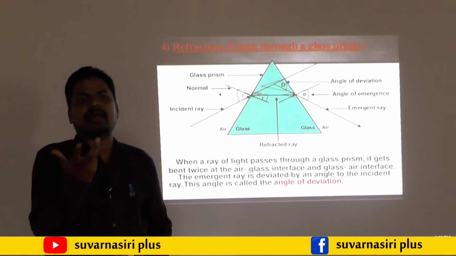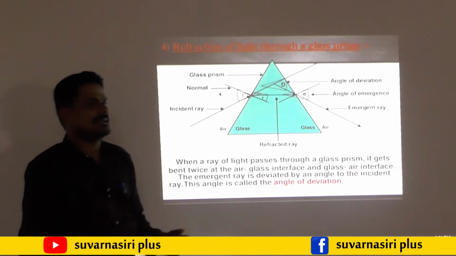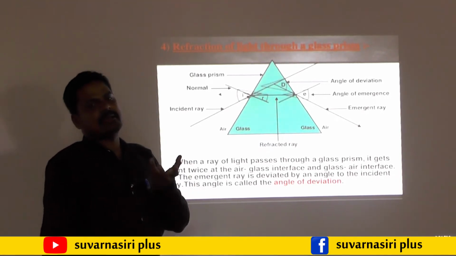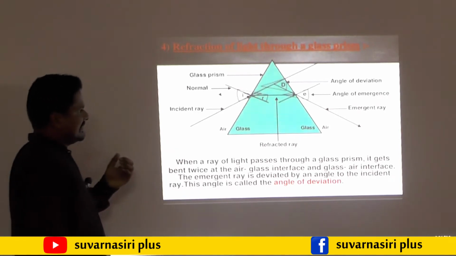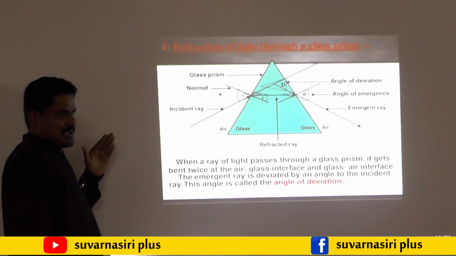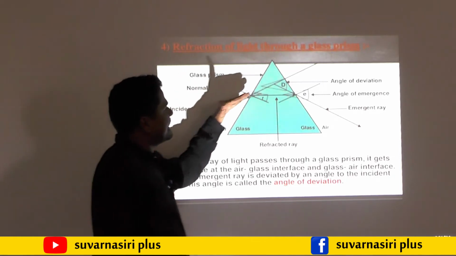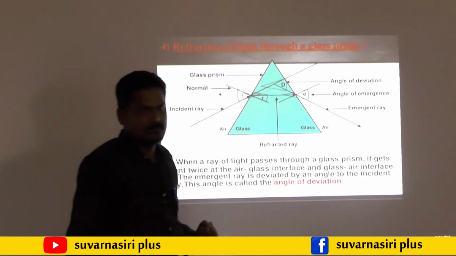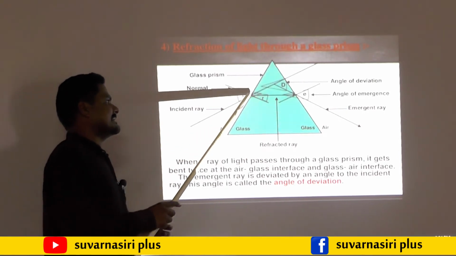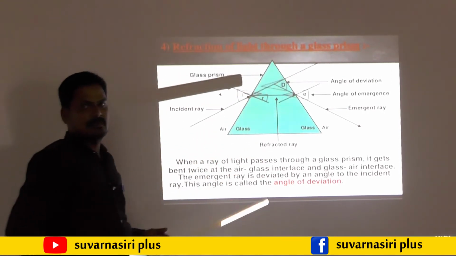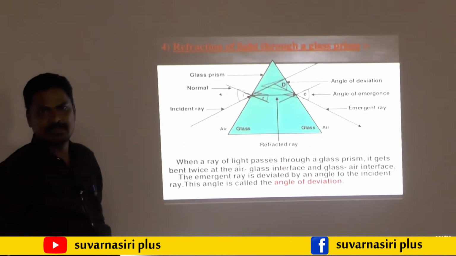What is meant by angle of deviation? It is also one of the important questions asked in the examination. The angle of deviation is nothing but the angle formed between the incident ray produced forward and the emergent ray produced backward.